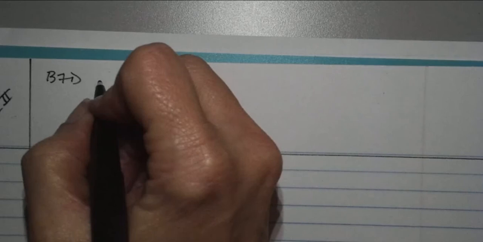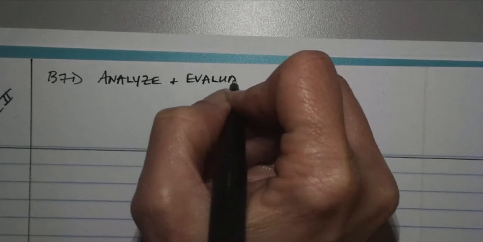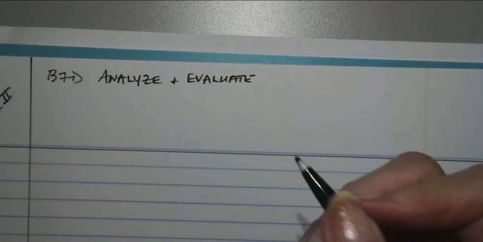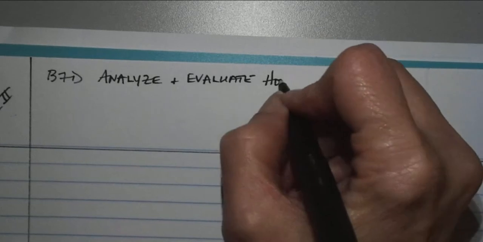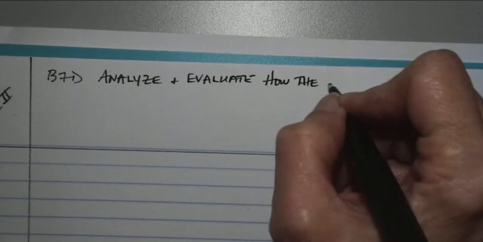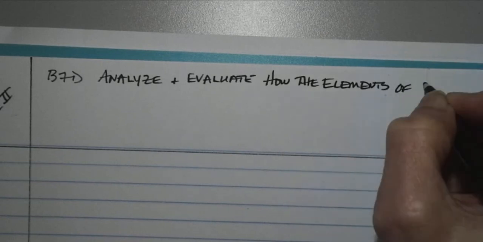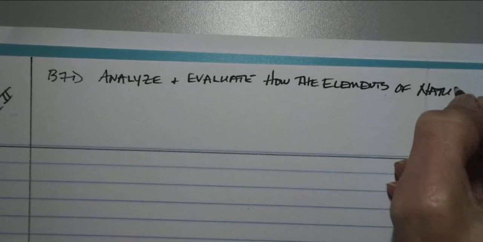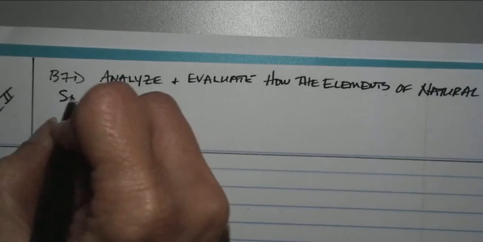Okay, so when we look at this, B7D says that you're going to analyze and evaluate how the elements of natural selection, and I'm going to edit this a little bit.